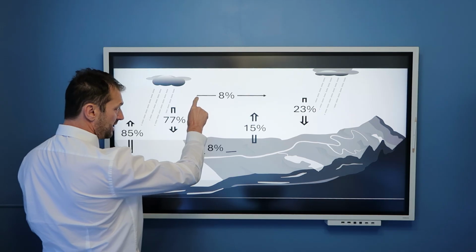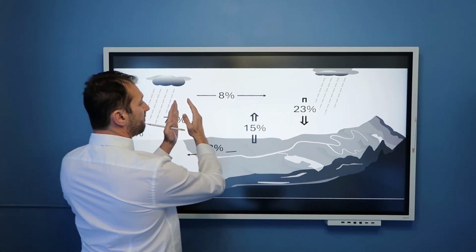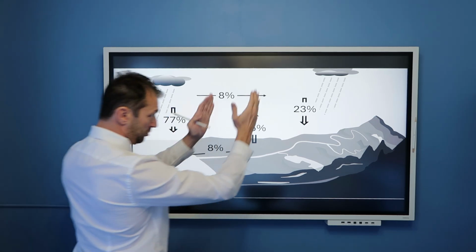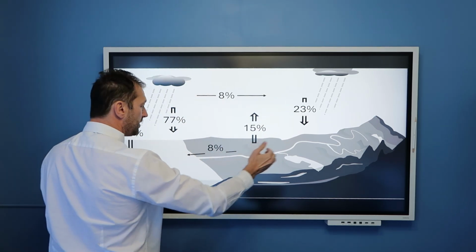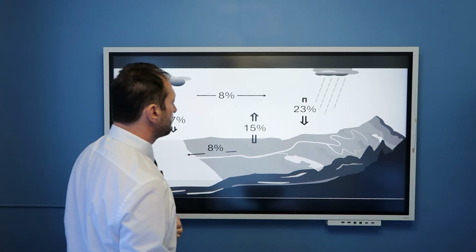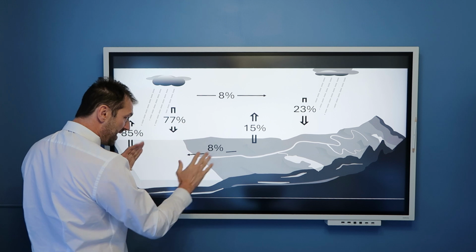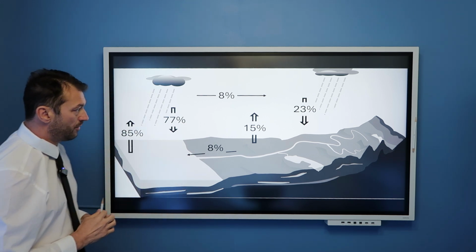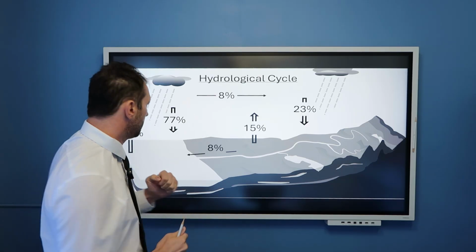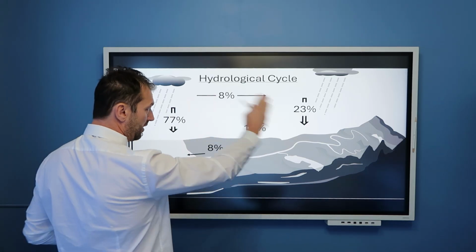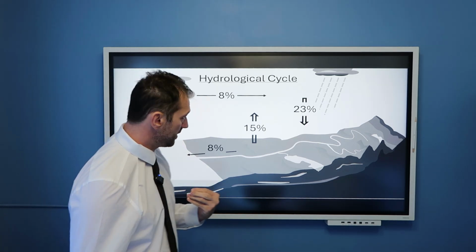So you can see that the atmosphere transports 8% in the form of wind systems from ocean to land, and also land gives back 8% through rivers and underground channels. This schematic over here that you can now examine is called the hydrological cycle, and this is how water circulates in nature.